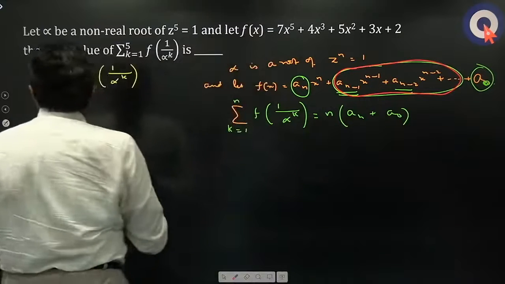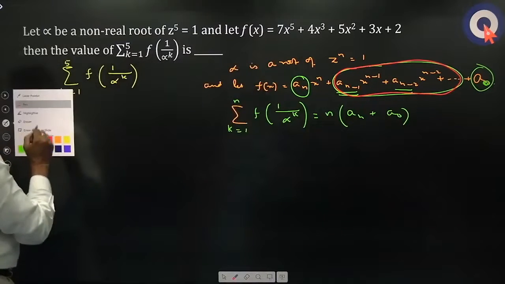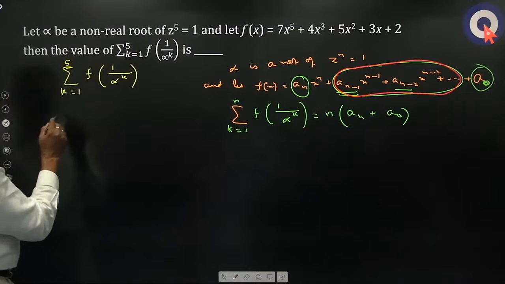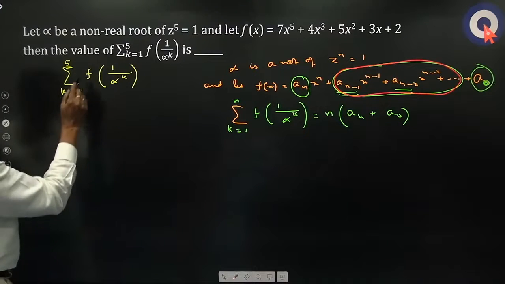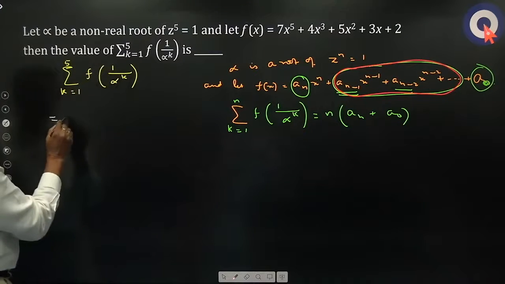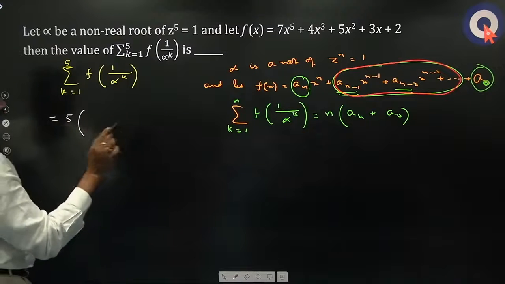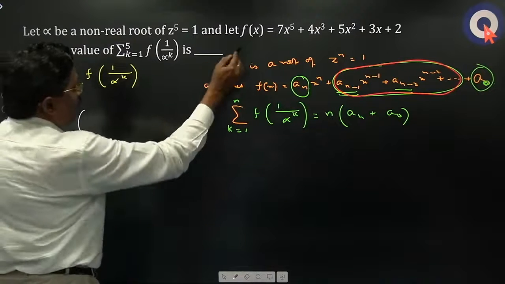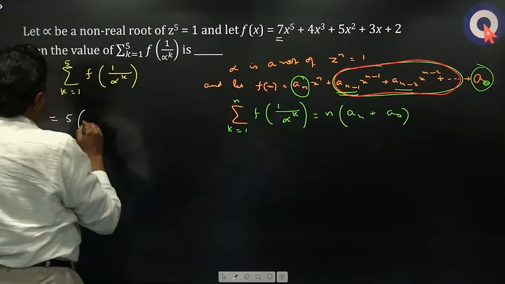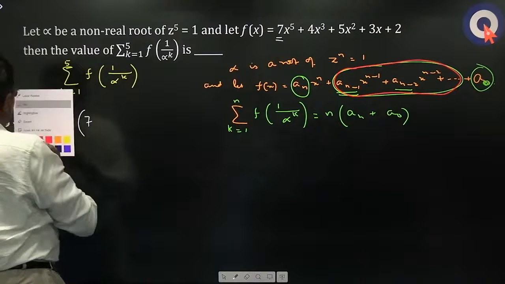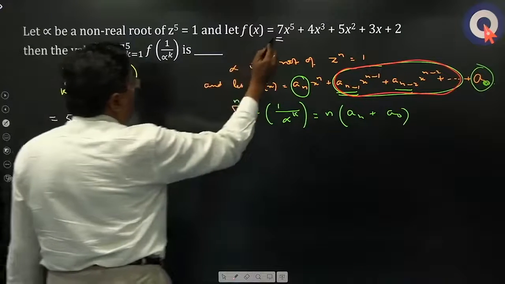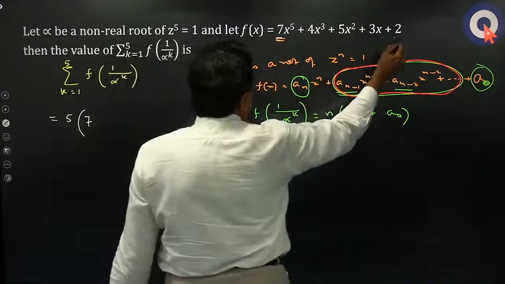So because of this, n is 5 here. So this is 5 into, and the leading coefficient is 7. You can see the leading coefficient is 7 and the constant term is 2.